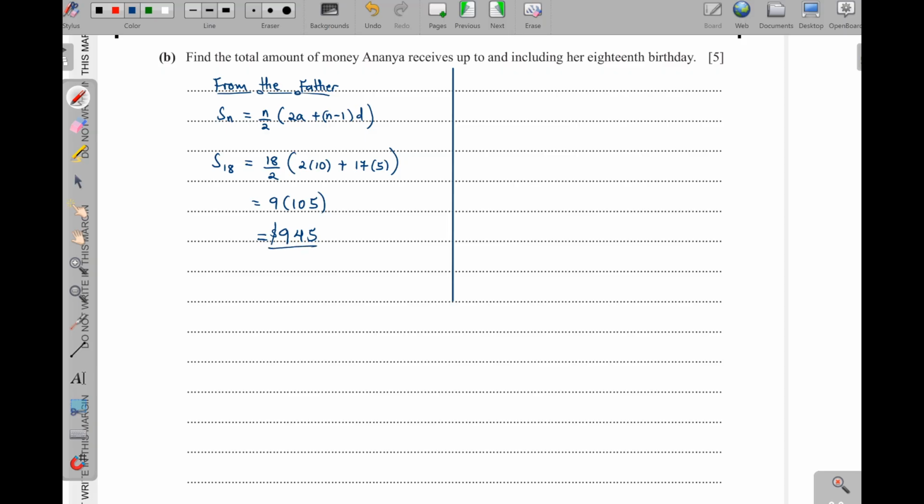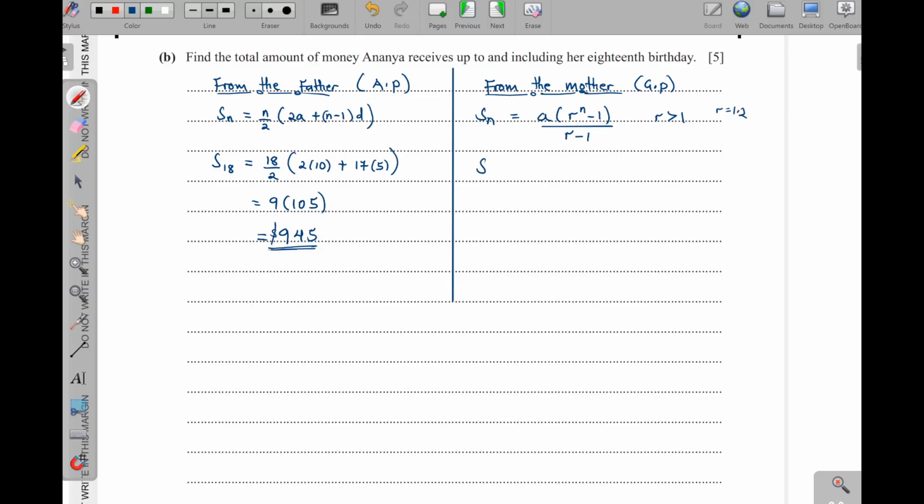Okay, we keep this one here, then we go to this one here. What does she receive from the mother? Remember, this is an AP and this is a GP. Now the sum of the first n terms of a GP is A into R power n minus 1 out of R minus 1. That is when R is greater than 1. And remember, our R is 1.2.